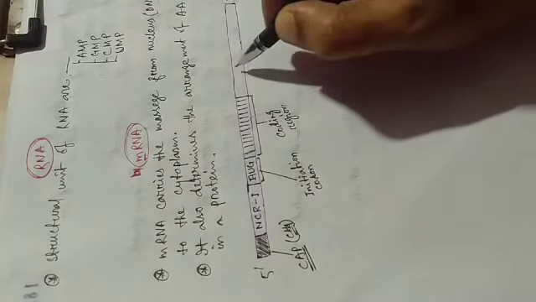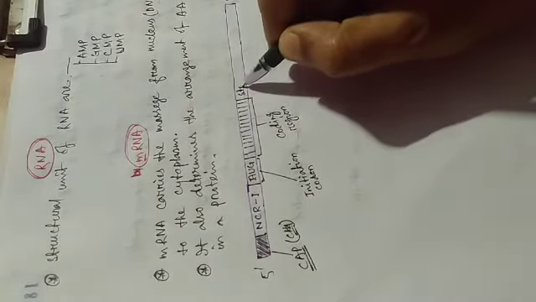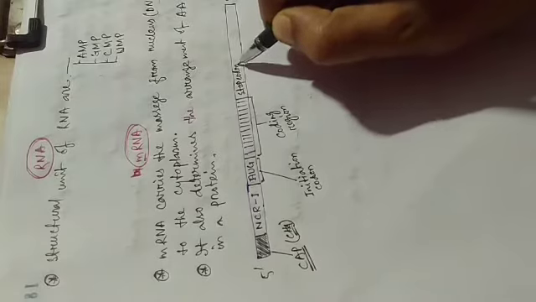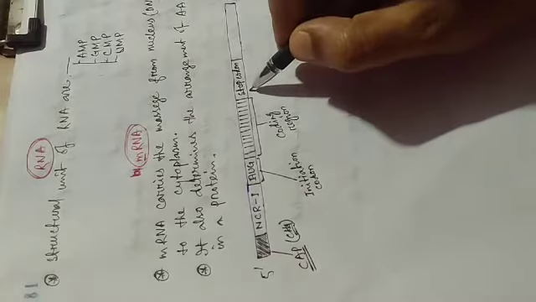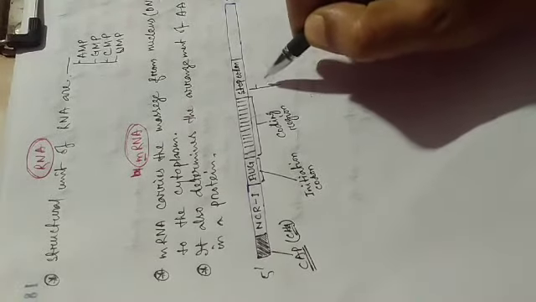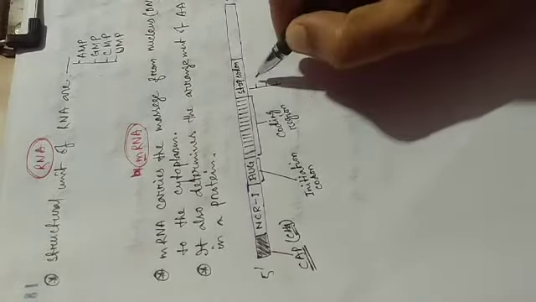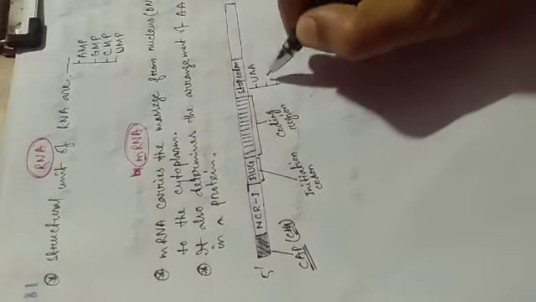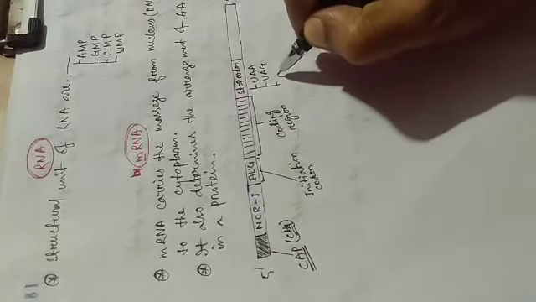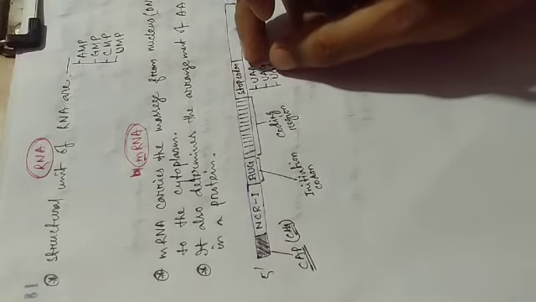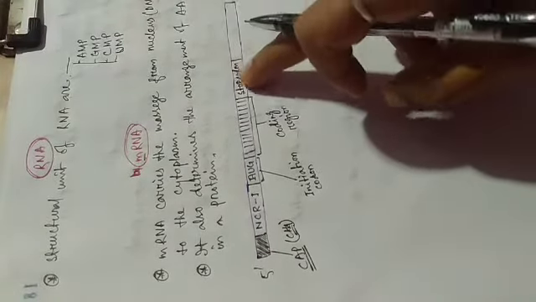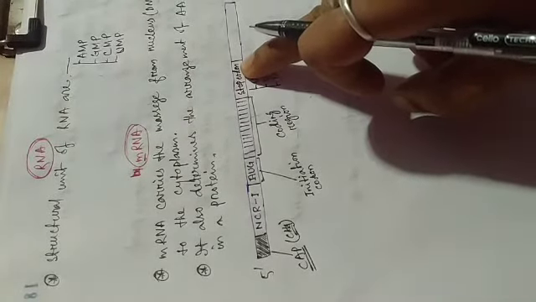Then the stop codon is present. Here 3 codons can act as stop codon. These are UAA, UAG and UGA. Only one of these is present at the site of the stop codon.